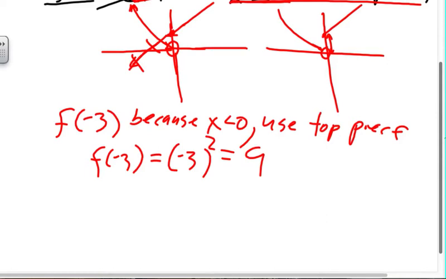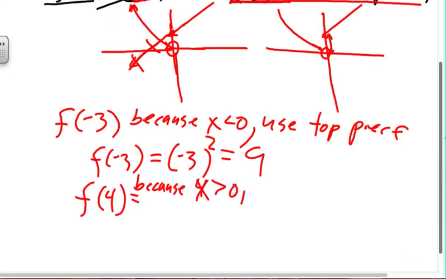Let's take a look at another one. f of 4. Okay, here, because the x I have is greater than 0, I'm going to use the bottom piece.